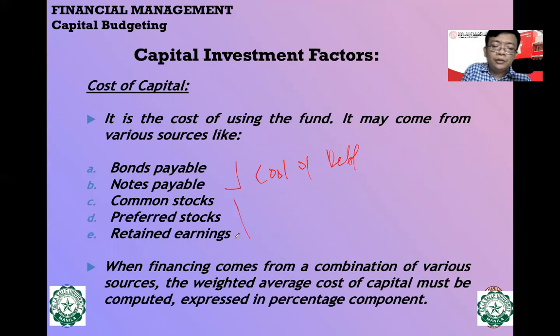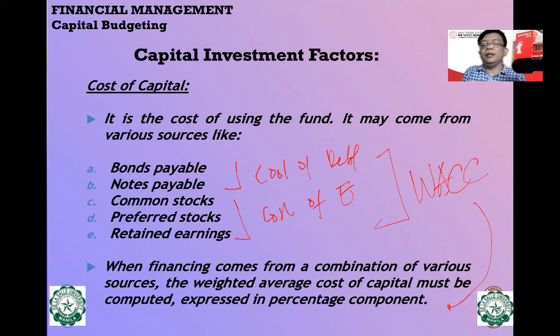Ito naman ay cost of equity. When financing comes from a combination of various sources, ito ay tinatawag na weighted average cost of capital. Yes, we will discuss it tomorrow.